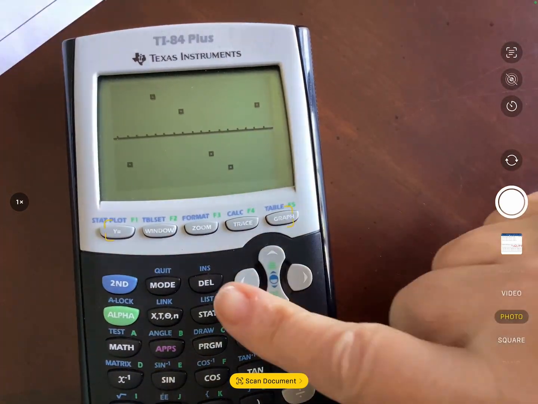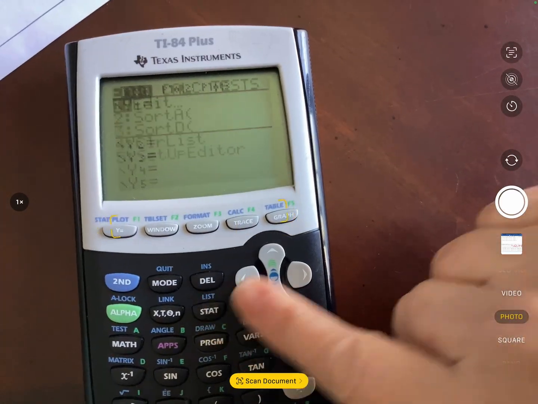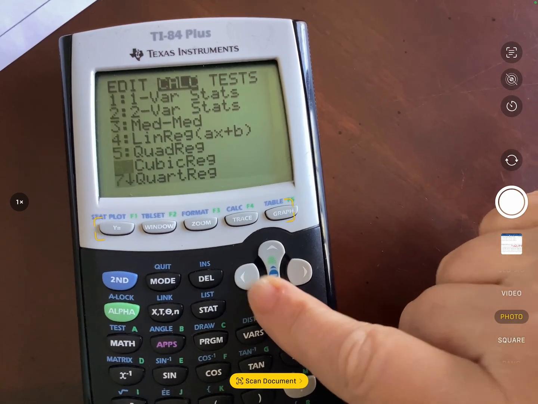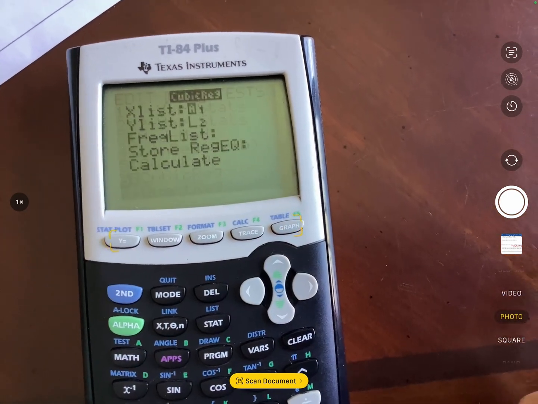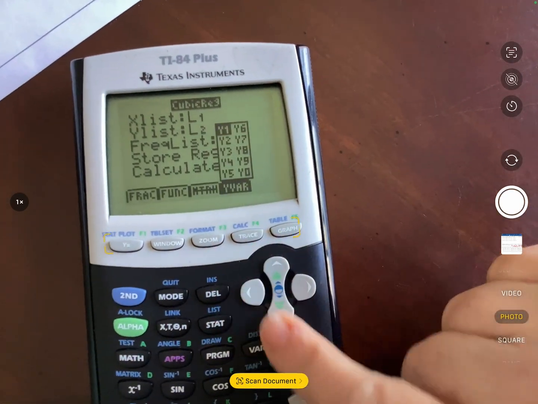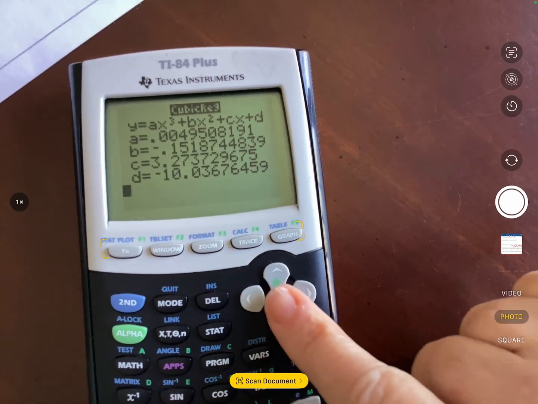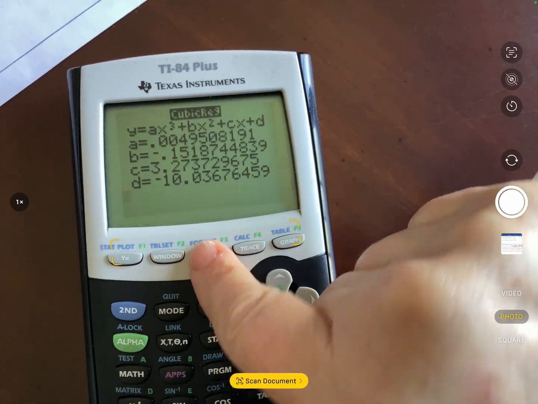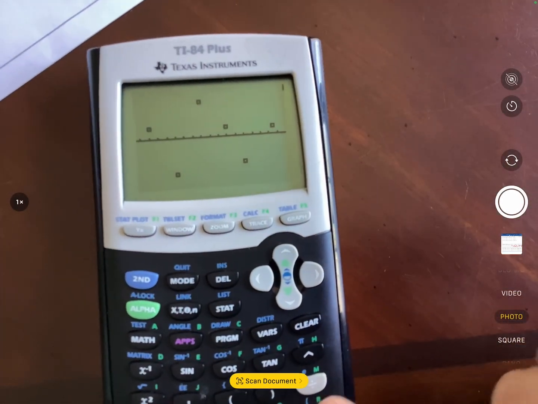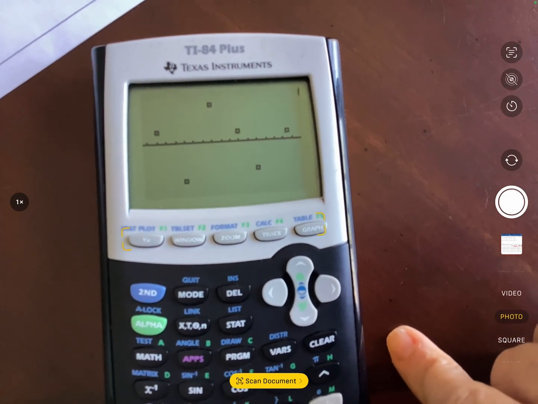Now let's check out cubic. So I'm going to delete that one and do stat calc 5. Oops, 5. Alpha, trace, enter. Let's just look at the residual since I've already got it in there. So zoom 9. All right, that one looks a little bit better, more scattered.